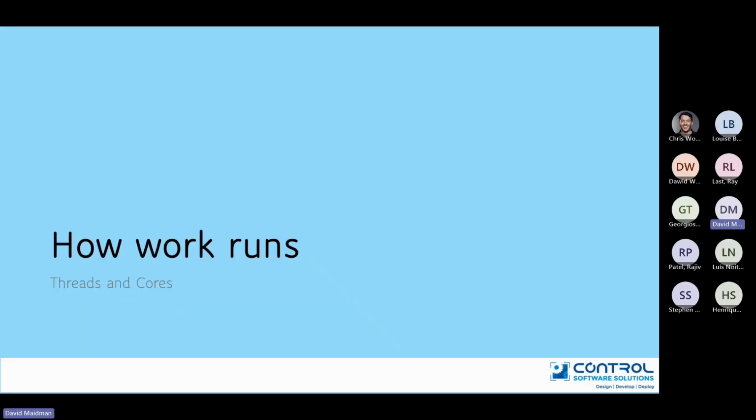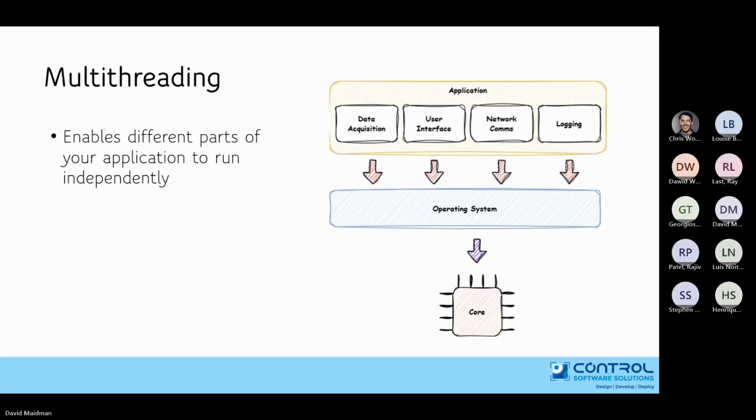Okay, so how do things actually run? If we've got multi-threading, we can have our application, and we can have different threads for different activities within the application. I'm just thinking about a single application in this instance. We can request from the operating system that, let's say, the data acquisition will run in a thread, the user interface may run in another thread, and so on.